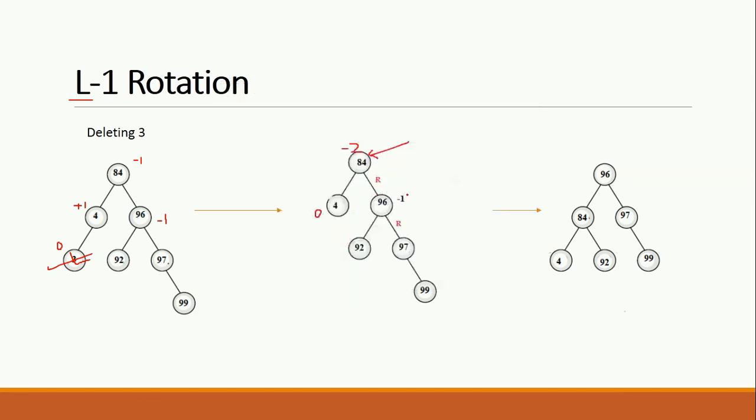In this case, it is L minus 1 rotation. If we have L minus 1 rotation, we have to apply RR. We already know for L0 and L minus 1, we have to apply RR rotation. Once you apply the RR, it will go in the anti-clockwise direction, and this would be the final tree after the deletion, and the AVL property has been restored.